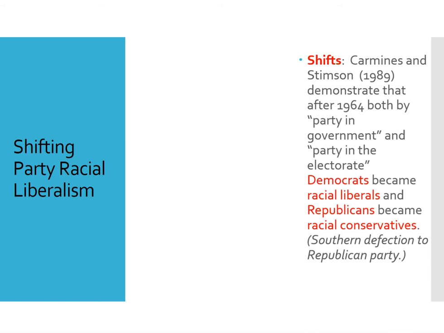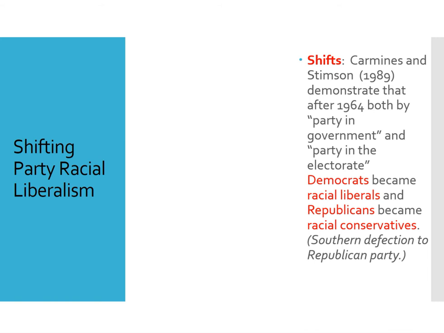One argument that two scholars, Carmines and Stimson, made in the late 80s into the 90s, spoke about in what ways questions on civil rights and on ethnic and racial policy in the United States helped to bring about a clarification among the parties.